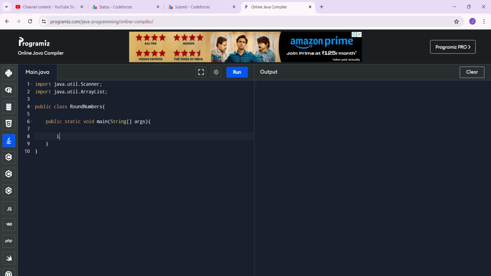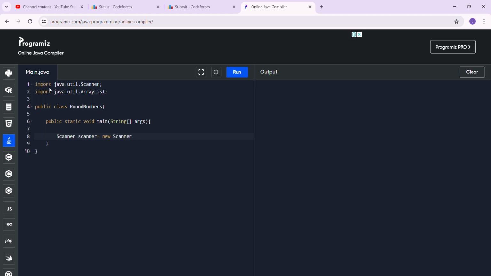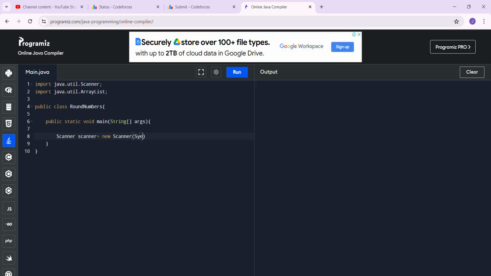Now let's create a Scanner object from the Scanner class, with System.in.